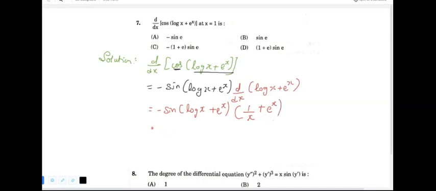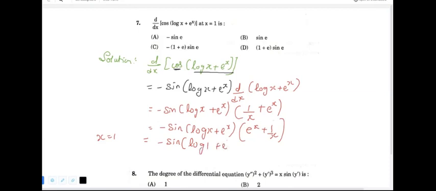So we get minus sin(log x plus e power x) into (e power x plus 1 by x). Substituting the value x equals 1 in the answer, we get minus sin(log 1 plus e power 1) into (e power 1 plus 1 by 1).